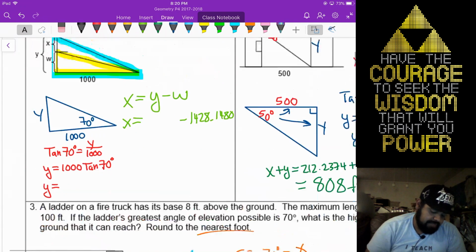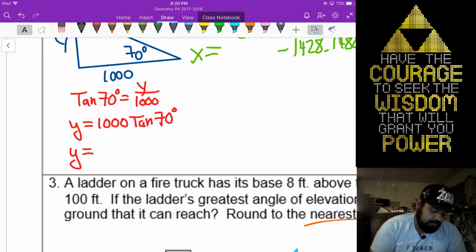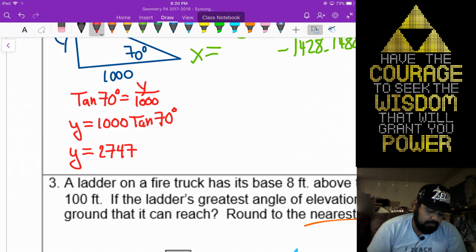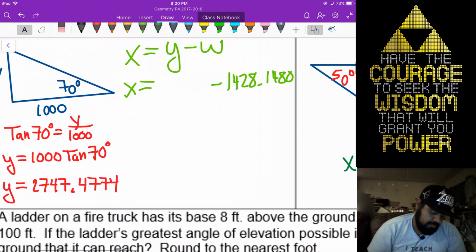$27.47. That's a lot of 7s and 4s, huh? Oh no, I didn't write small enough.